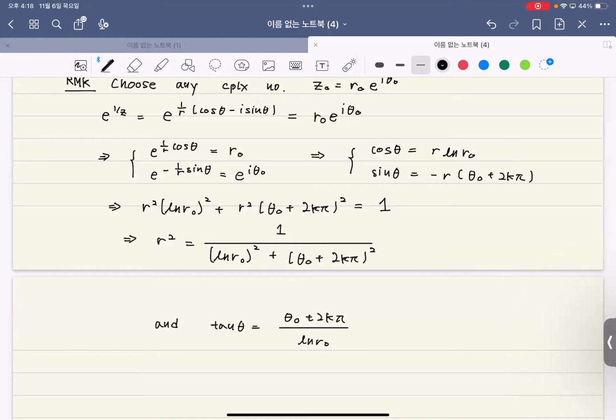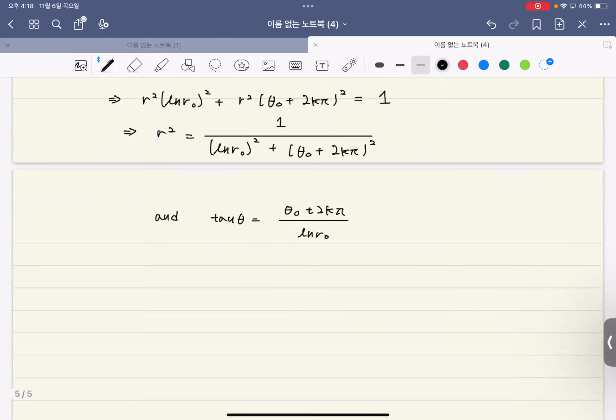So I can summarize this discussion in one simple theorem, which is very deep, called the Picard theorem.